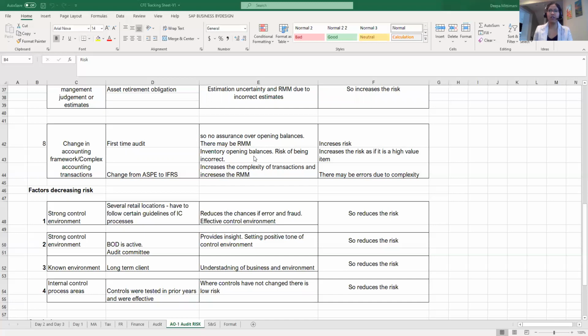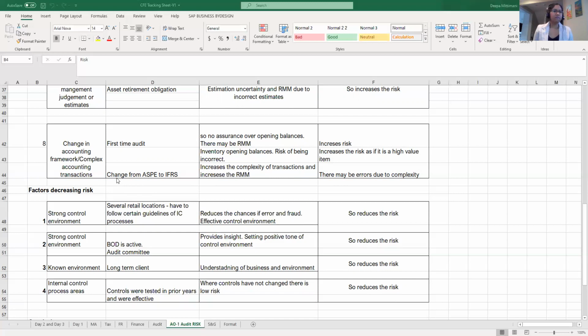We have to obtain assurance on the opening balances. If inventory is a large portion of their financial statements, then say that inventory opening balances may be incorrect, so we need to get an assurance over the opening balances.